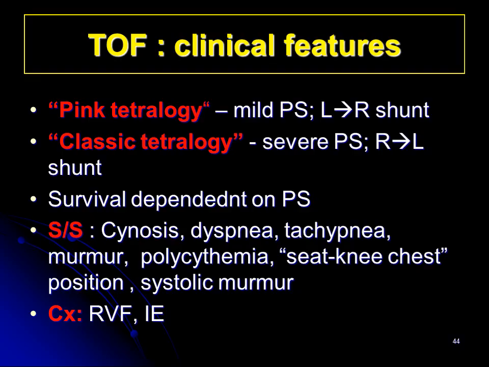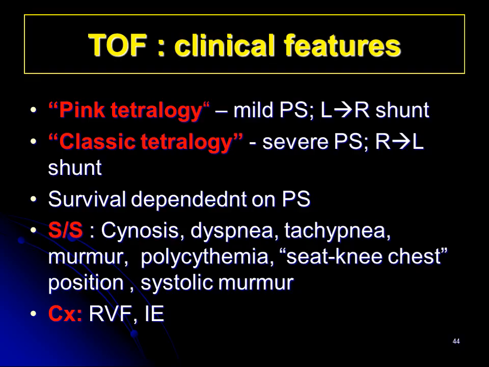Most infants with tetralogy of Fallot are cyanotic at birth and soon thereafter. The more severe the pulmonic stenosis, the more hypoplastic are the pulmonary arteries and the larger is the overriding aorta. The clinical features are often characteristic.